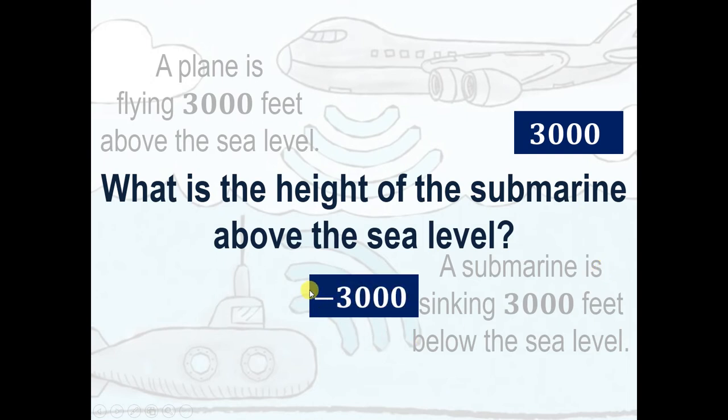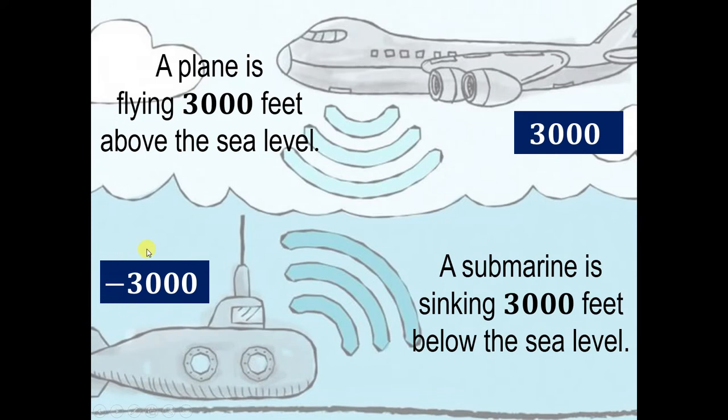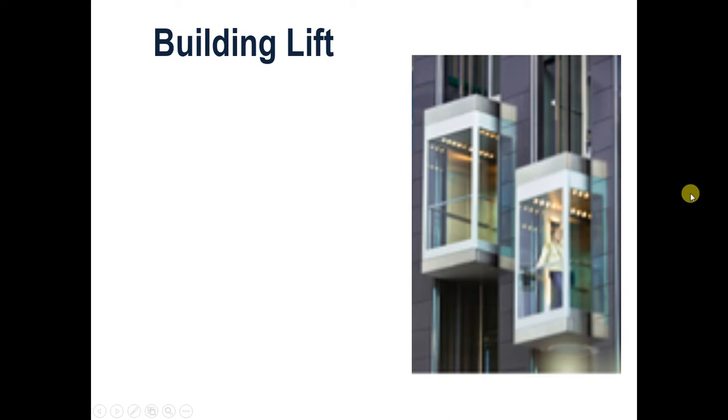That will automatically represent that the distance is not above the sea level but below the sea level. So to represent the position of the submarine, we use a negative number because it is below the sea level, and to note the height of the plane which is above the sea level, we use a positive number, right?